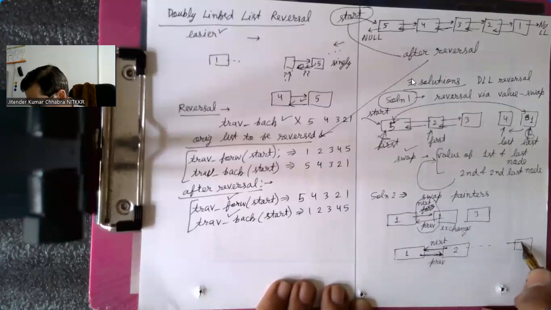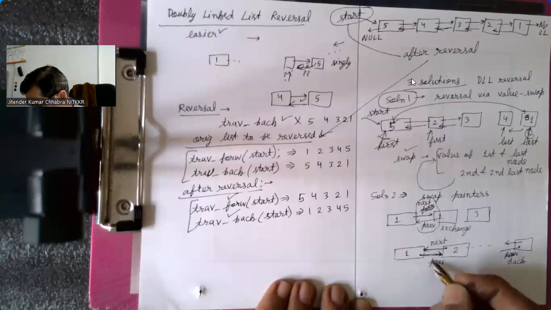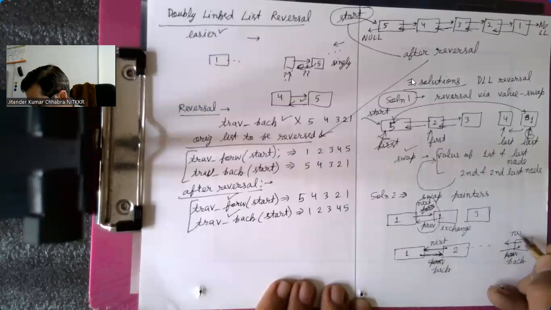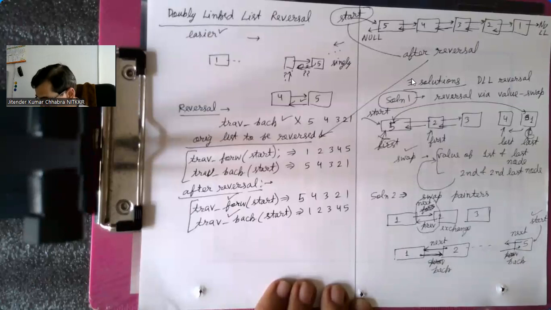My above pointer is always the next pointer, and the downside shown is always the previous pointer or back pointer. I think we used the word back earlier, so this word was back, and this is my next pointer. So if I change everywhere and bring my start here, things become the same.